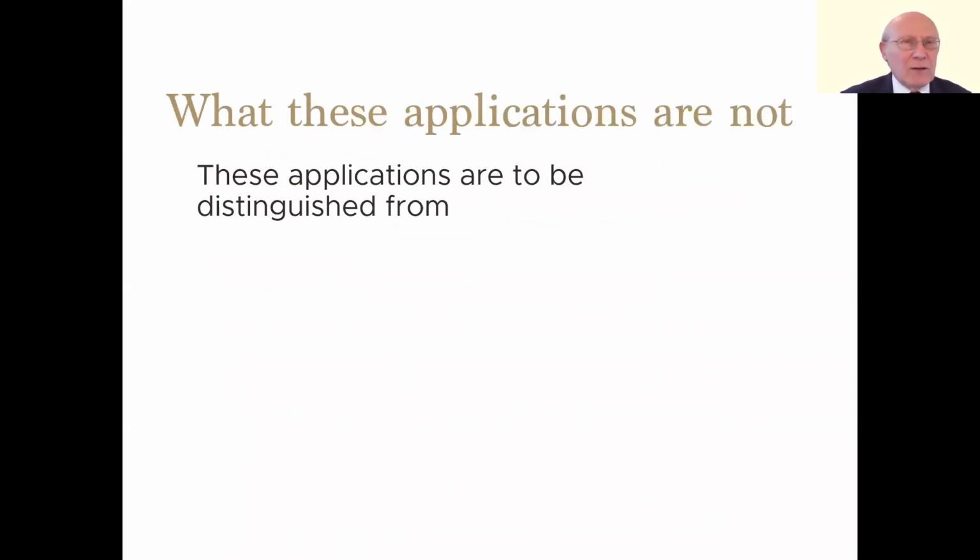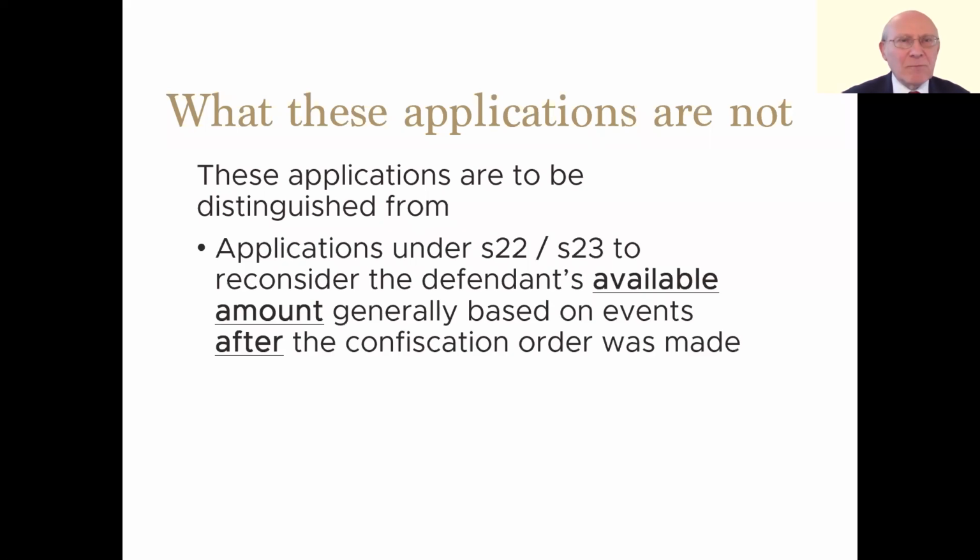And let's just be clear what these applications are not. We need to distinguish these applications, which are about a revision of benefit, from applications under section 22 and 23, where the court is reconsidering the defendant's available amount and not his benefit.